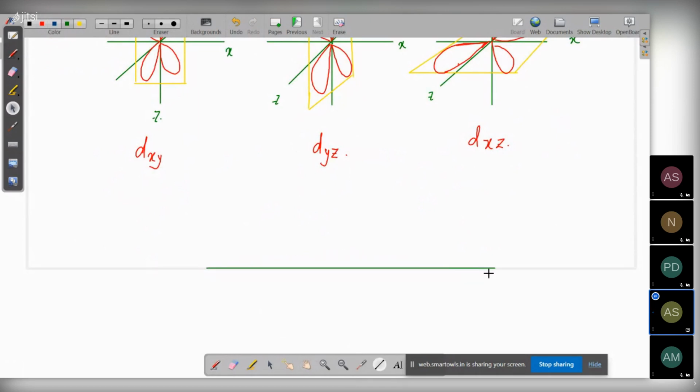These are quite easy to draw. You see dxy, dyz and dxz are of one type and these two are of another.